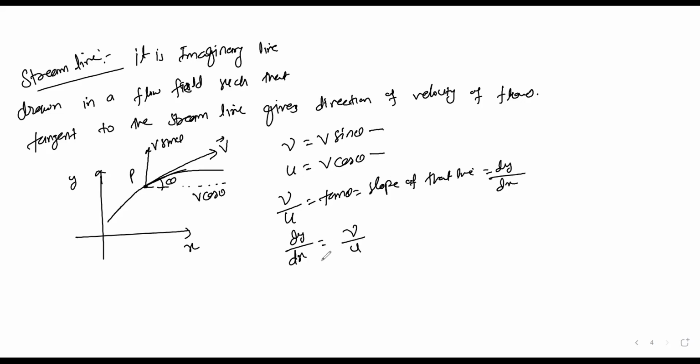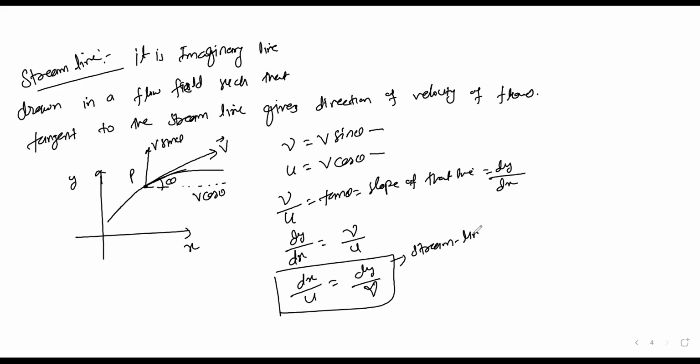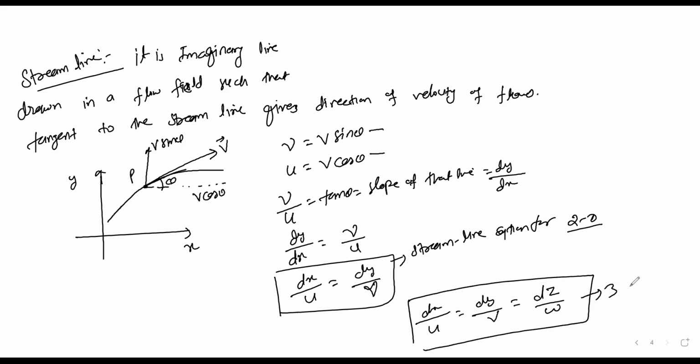From here we can say that dx by u must be equal to dy by v. This is called the streamline equation for 2D. If you write it for 3D, it will be dx by u, dy by v, and dz by w. So this is the streamline equation for 3D.